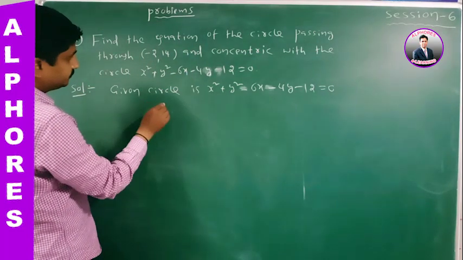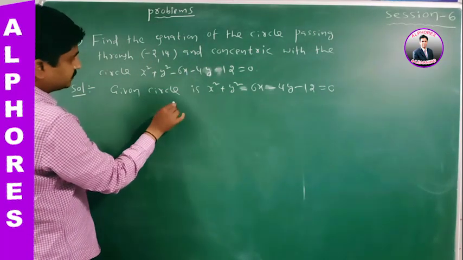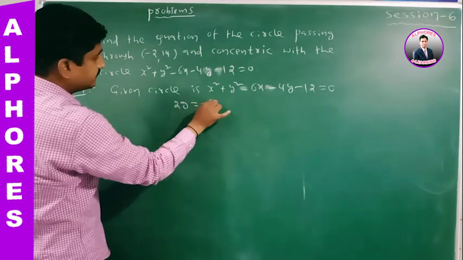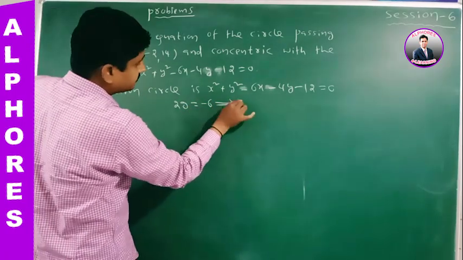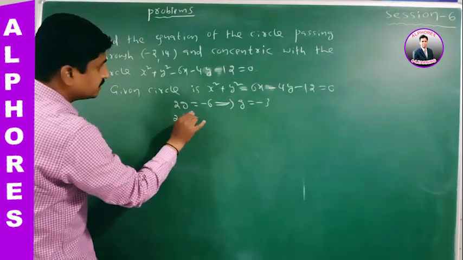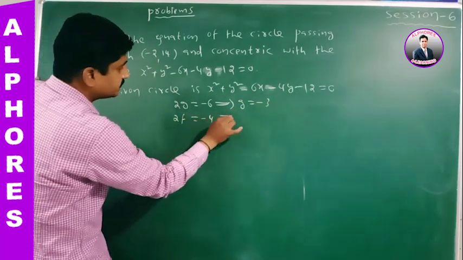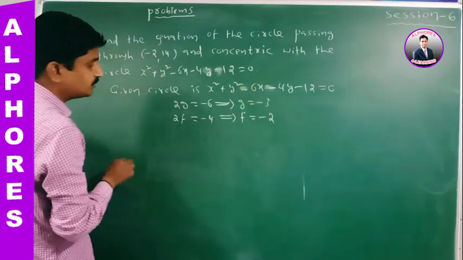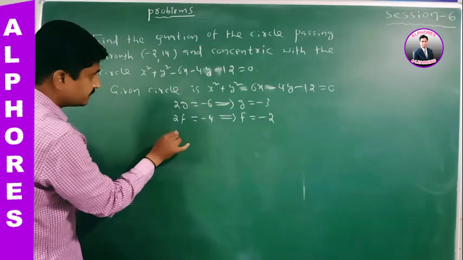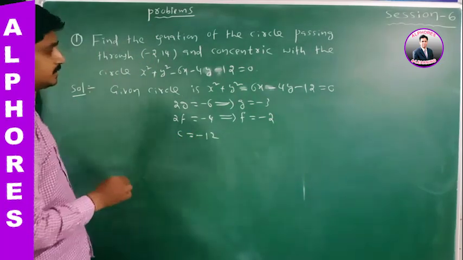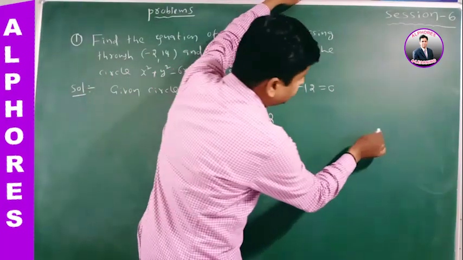Here 2g equals -6, which implies g equals -3. 2f equals -4, f equals -2. Next, c equals -12. Right. Observe this.